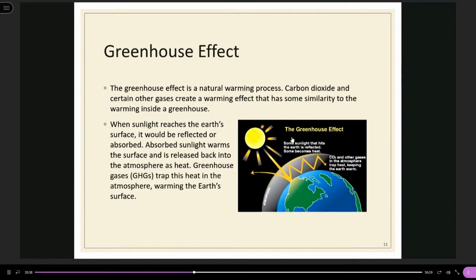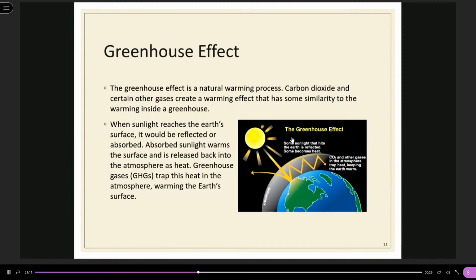Carbon dioxide and certain other gases create a warming effect that has some similarity to the warming inside a house, a greenhouse. So actually we need the greenhouse effect. It is not a bad thing. If we don't have the greenhouse effect, then at night, when we don't have the sunlight, the earth will be very, very cold, well below the freezing point.